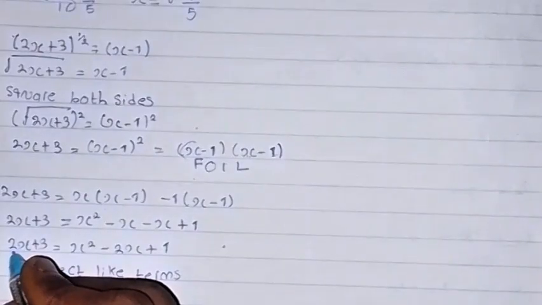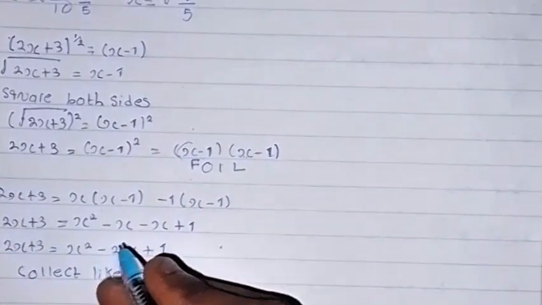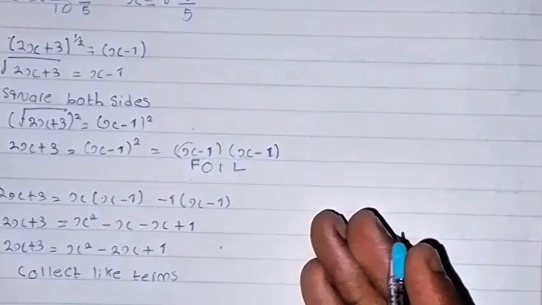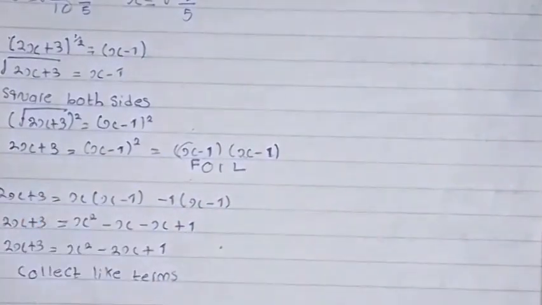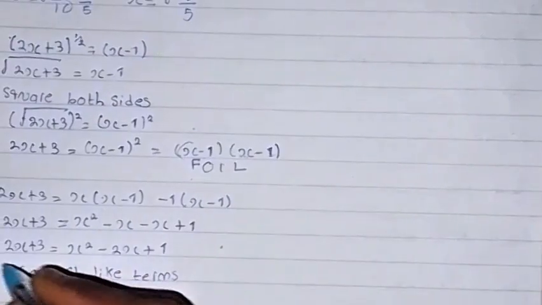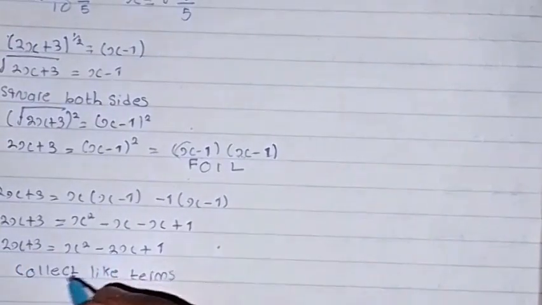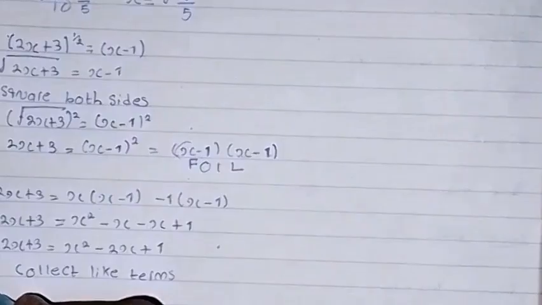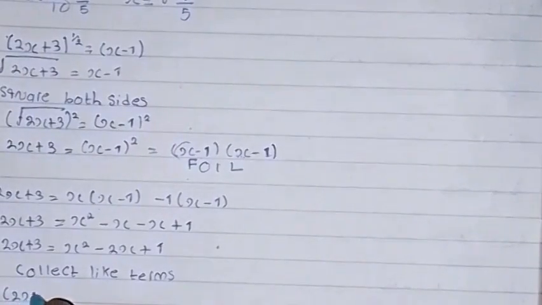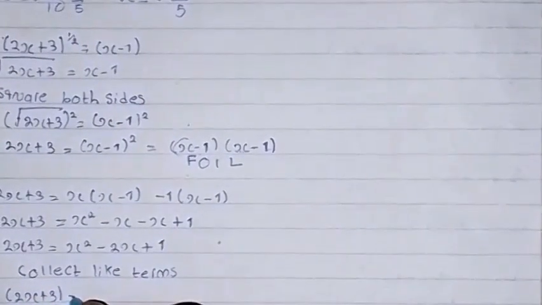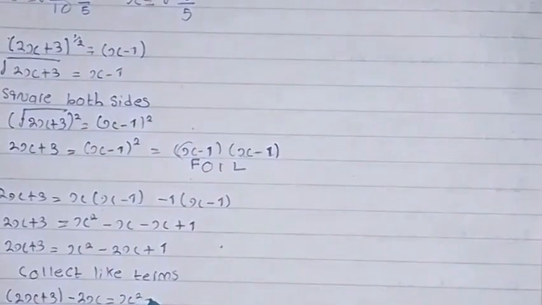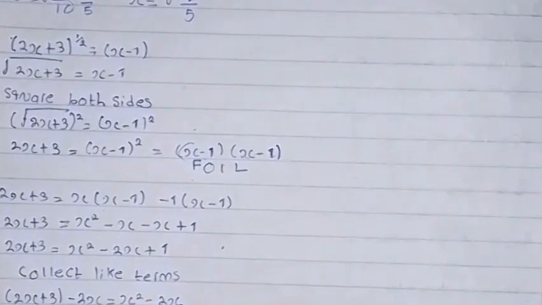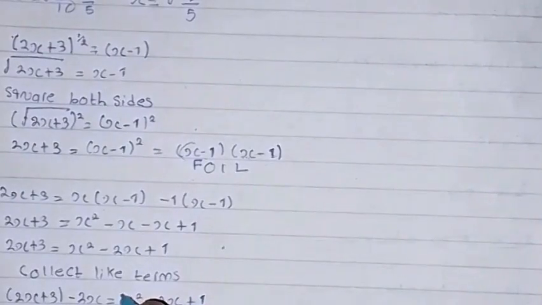So we're going to do it first. We're going to move all terms with x to the right hand side, then the ones without x we'll move to the left hand side. To move the terms with x to the right hand side, subtract 2x from both sides. So we have 2x plus 3 minus 2x will be equivalent to x squared minus 2x plus 1 minus 2x.